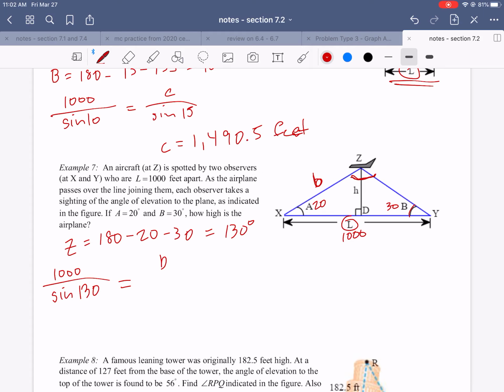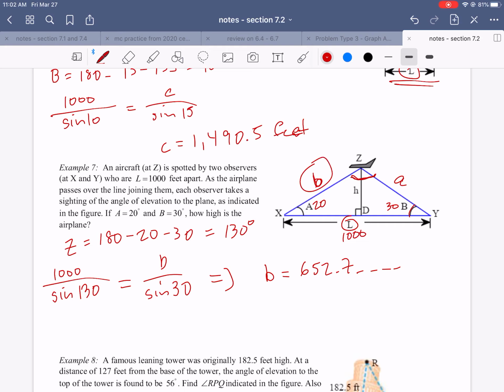And so B divided by the sine of 30 is what I'm going to do, but you could just as easily have set that equal to the A ratio and found side A, and it wouldn't really matter. And if you do this, cross multiply and divide, what you're going to get is that side B is equal to 652.7, etc. And I'm not going to round that answer because that's not the final answer. Okay, but now I know that 652.7 is what this side right here is.